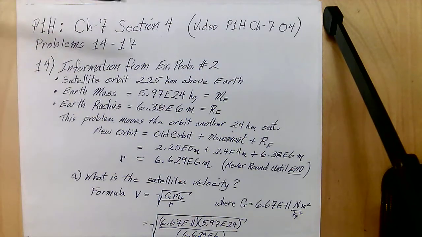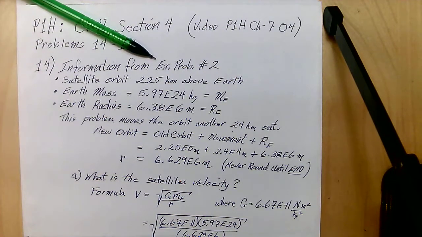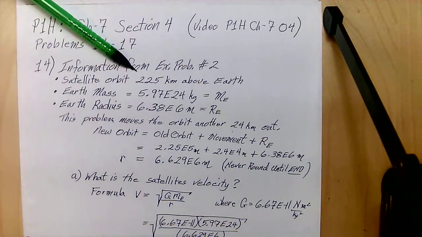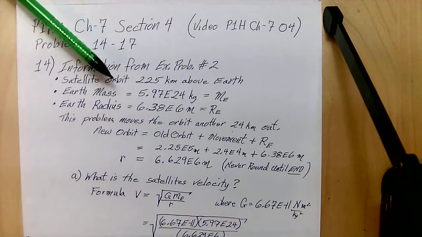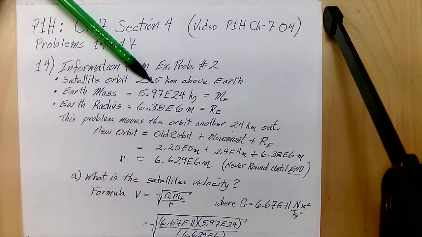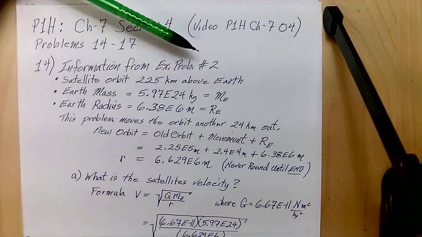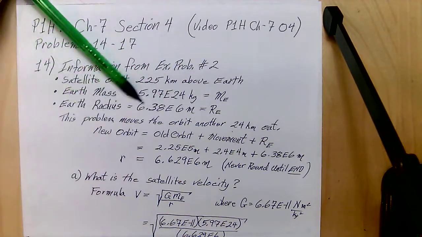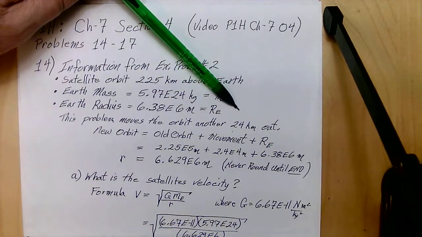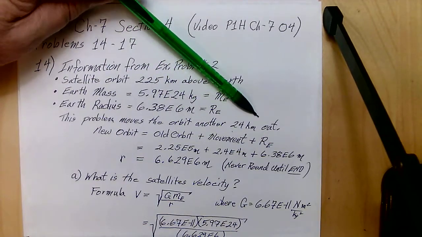They're asking us to use information from the example problem number 2. The satellite orbits at 225 kilometers above the Earth. Earth mass is 5.97 E24 kilograms. Radius is 6.38 E6 meters. The problem says, let's move the orbit another 24 kilometers out.